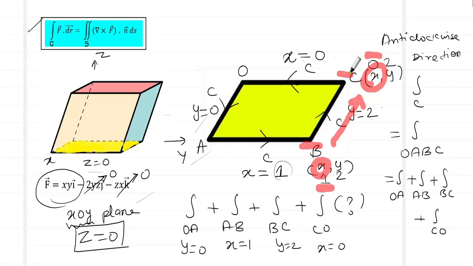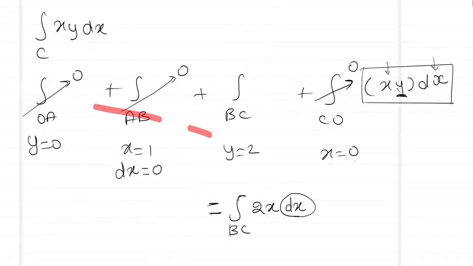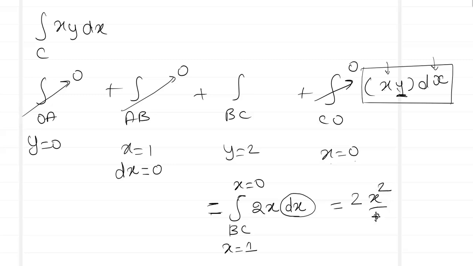Keep in mind, you will have to go with the direction. Don't go in the opposite way. So I will have to integrate from x equal to 1 to x equal to 0. Let us now start the integration. 2 times x on integration is x square by 2.